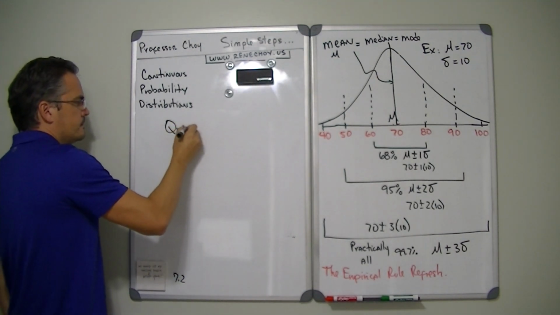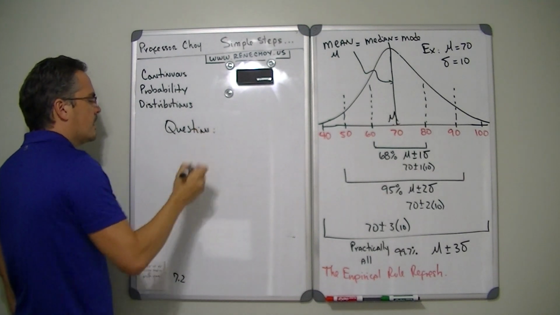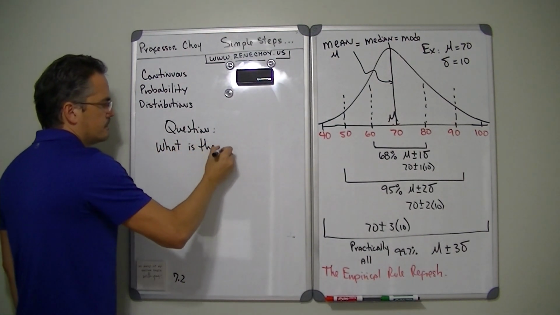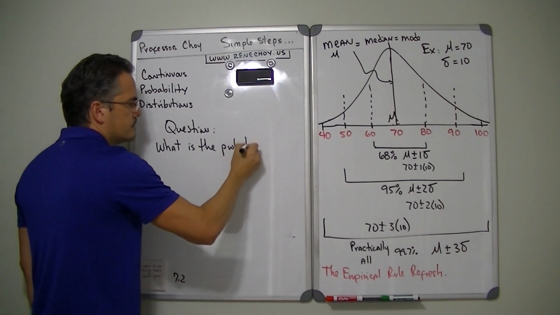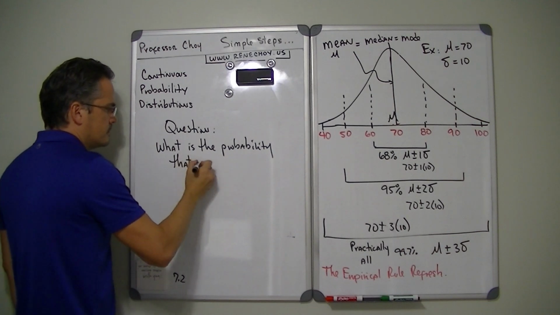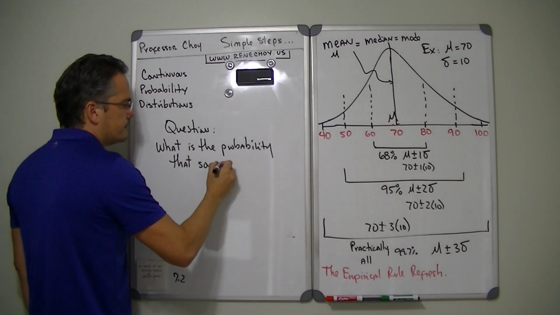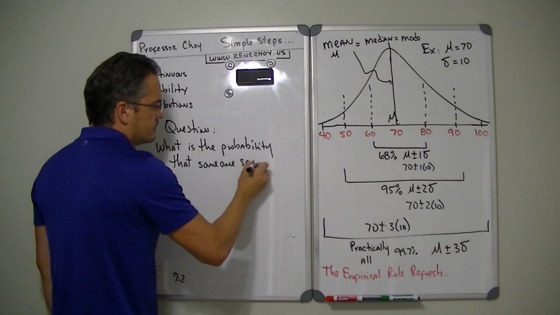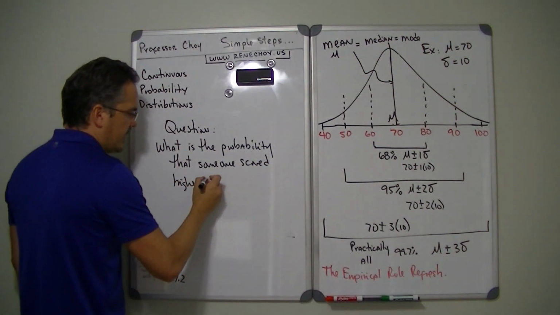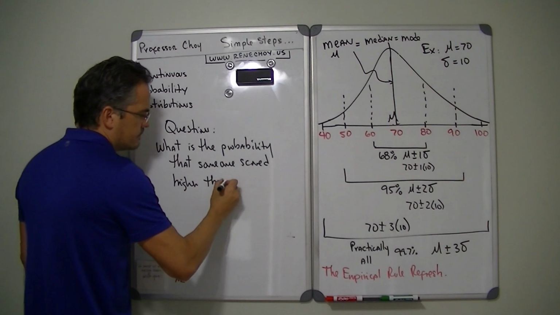Let's say, what is the probability that someone scored higher than 70?